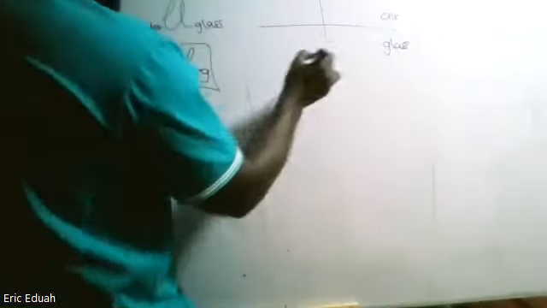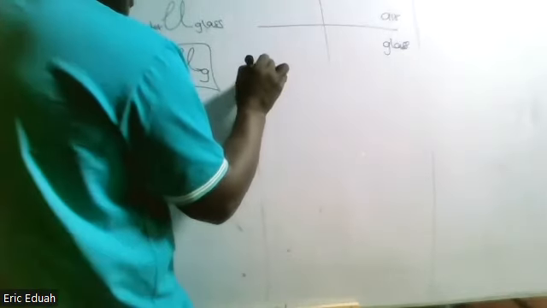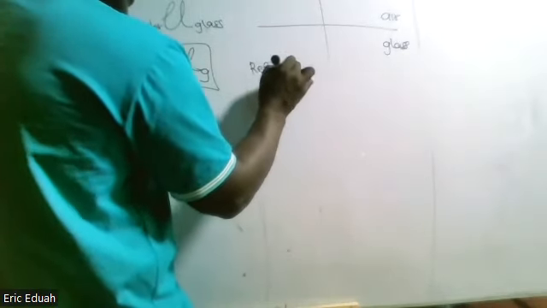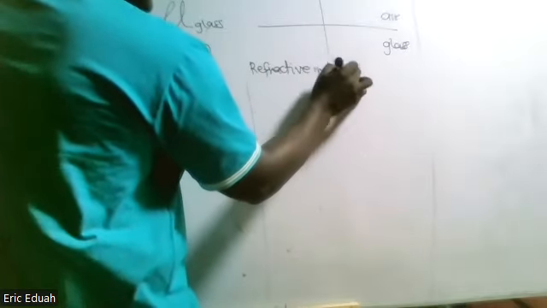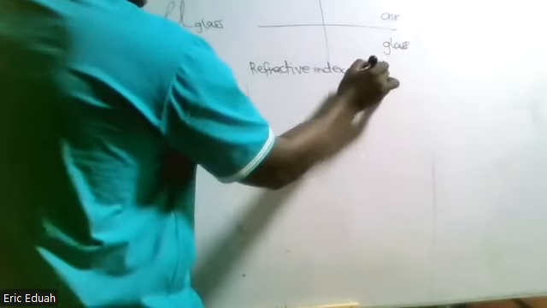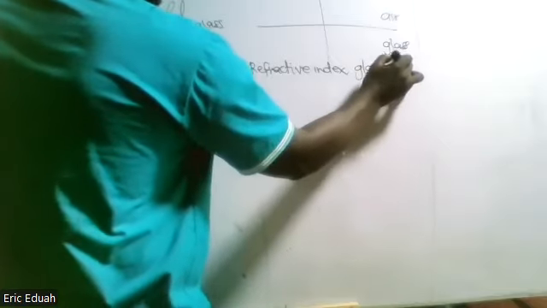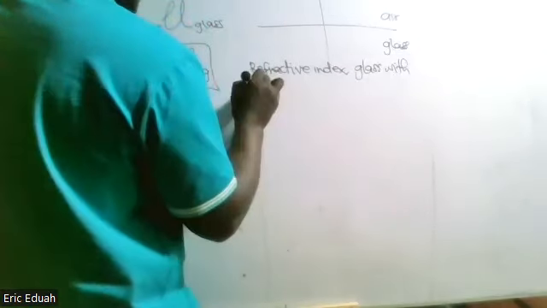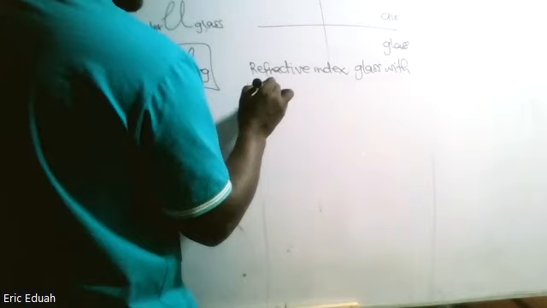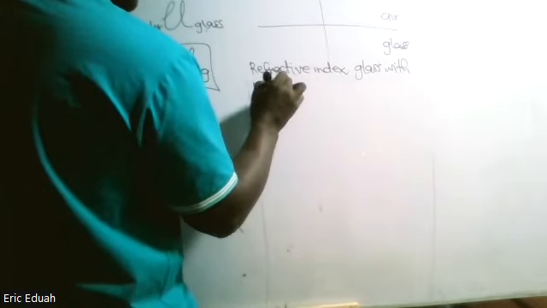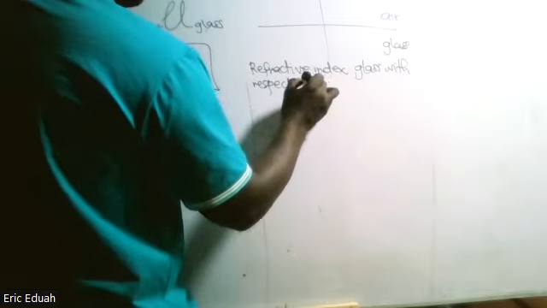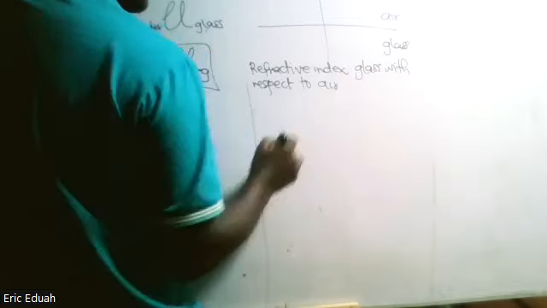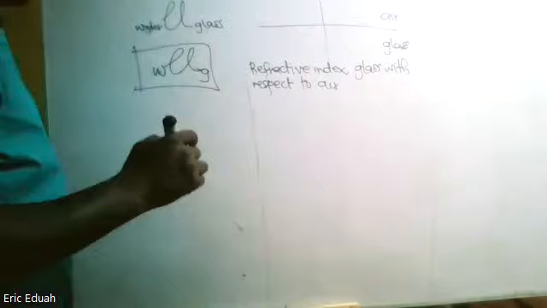We describe the refractive index of the second medium, glass, with respect to the first medium, which is air.